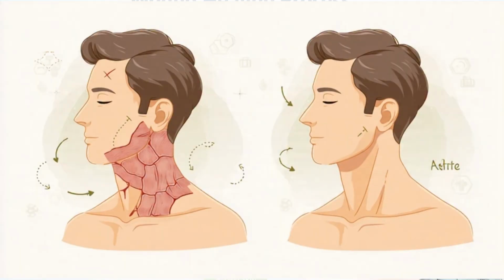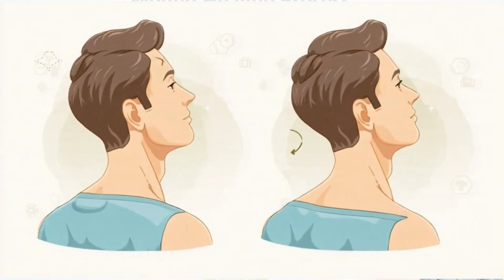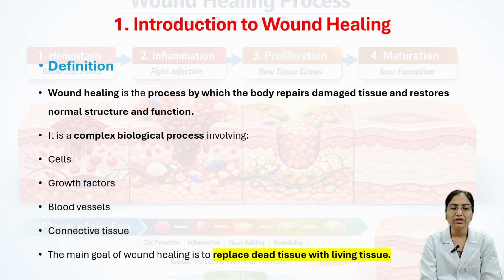Our body is going to repair damaged tissue and also restore normal structure and function again. It is a complex biological process involving cells, growth factors, blood vessels, and connective tissue, and the main goal of wound healing is to replace dead tissue with living tissue.